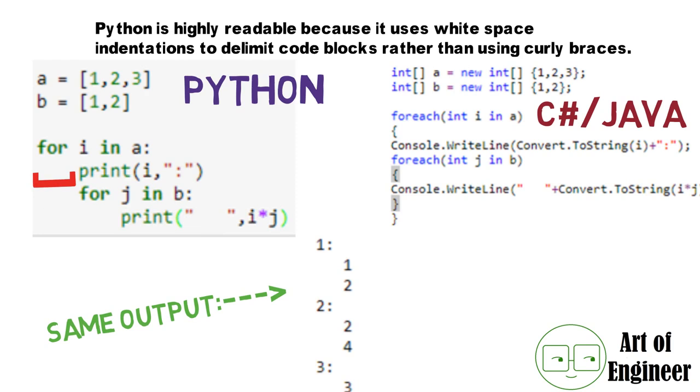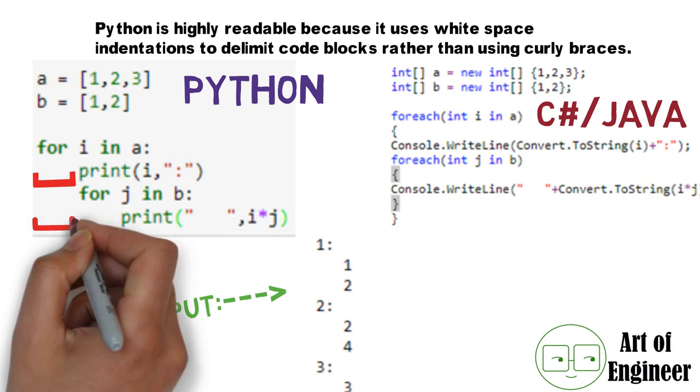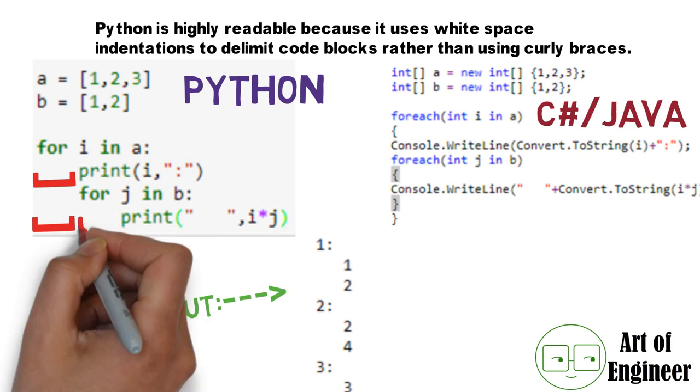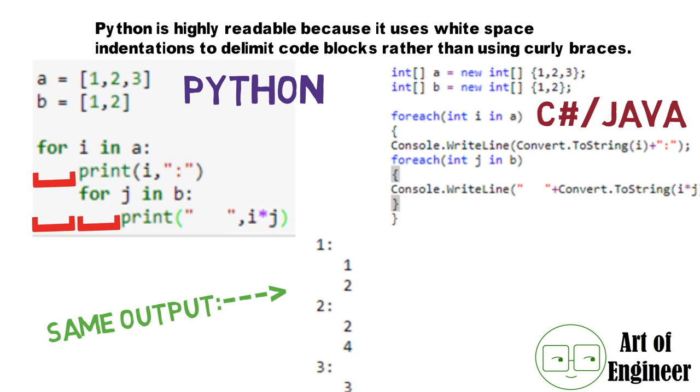In Python, it is mandatory to use white space indentations to delimit the code blocks. Just by looking at the Python code, we can say that there are two for loops and the second for loop is inside the first for loop. The same thing in C#. It takes some time to understand that the second for loop is inside the first for loop because C# uses curly braces to delimit the code blocks.